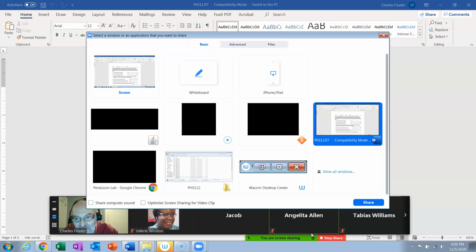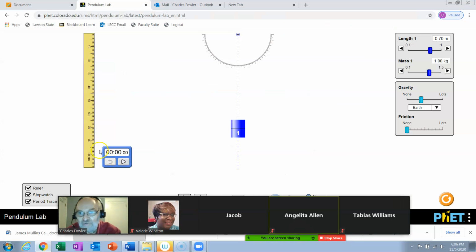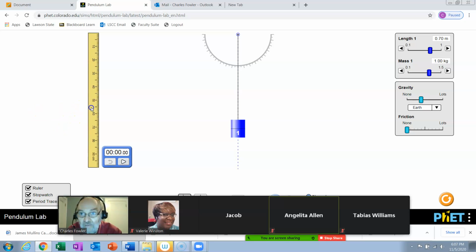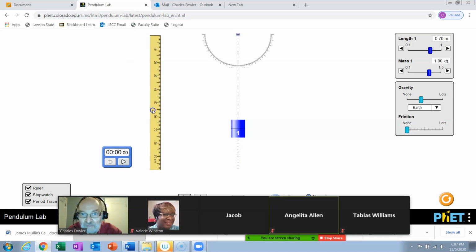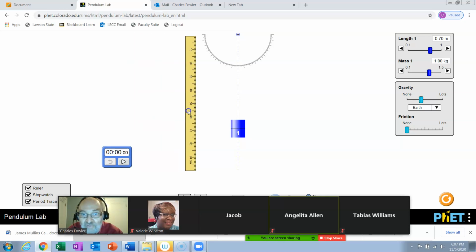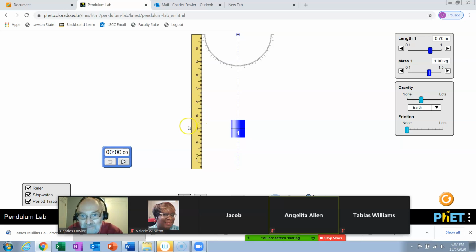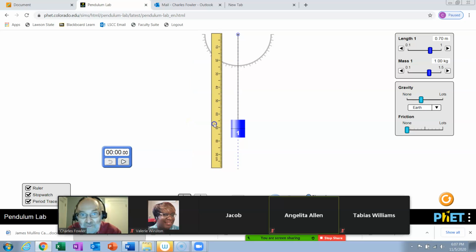And there it is, Pendulum Lab. Okay, so let's move the ruler over here. I'm going to go to the left part of the arc here, right about there. Now, let me just, for right now, move it all the way over.